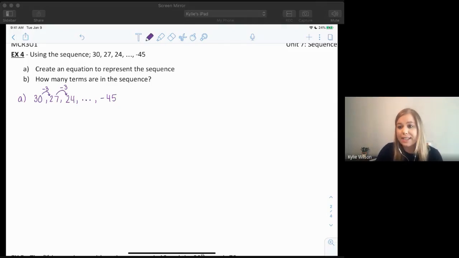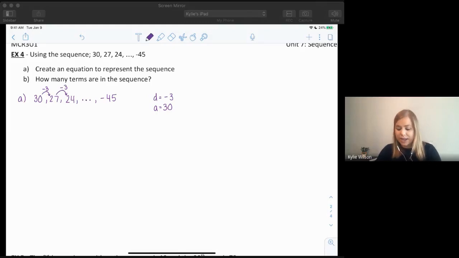Next, I need to identify d and a. d was that common difference. Each time I'm subtracting 3, so my d value is negative 3. And a is always my starting term. In this case, I'm starting at 30, so I can put 30 as my a value.